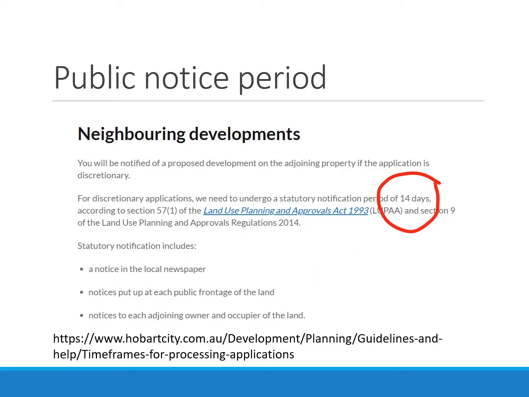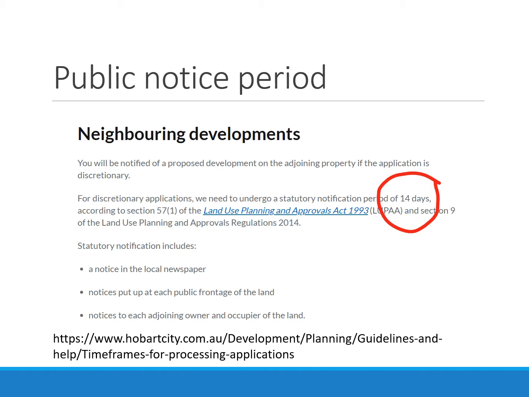Public notice period is in most cases 14 days, and that's the time that people have to make comment on a development application. So this is a screenshot from the Hobart City's planning page about timeframes.